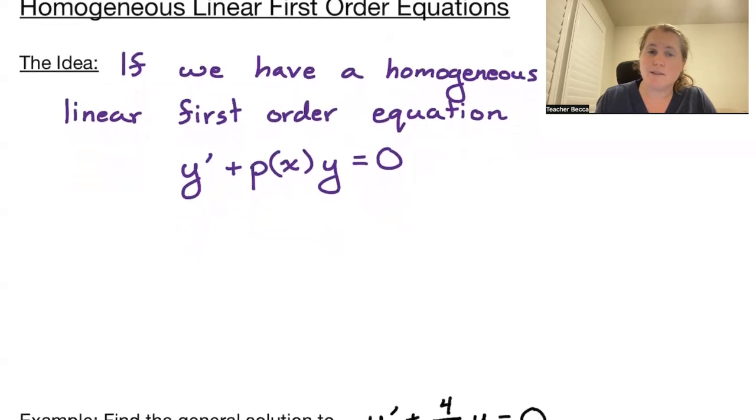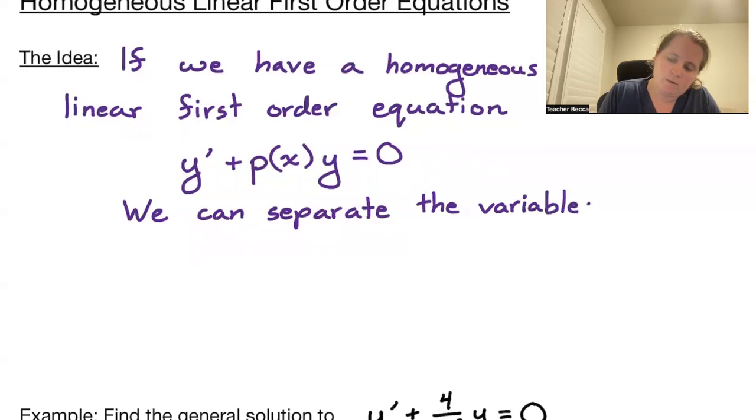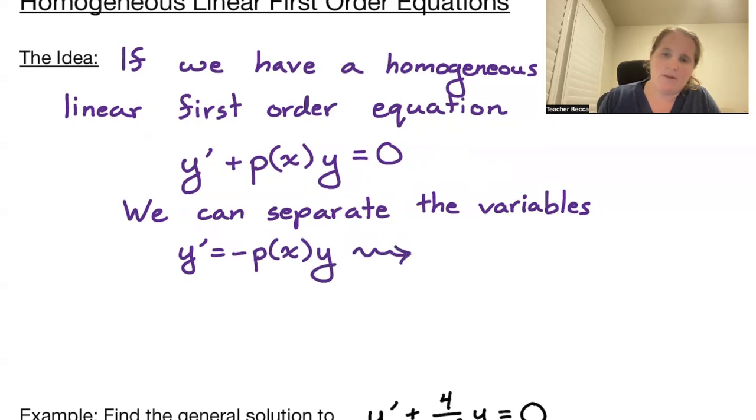We can go ahead and separate the variables. So we have y prime is equal to negative p of x times y, which therefore gives us y prime over y is equal to negative p of x.